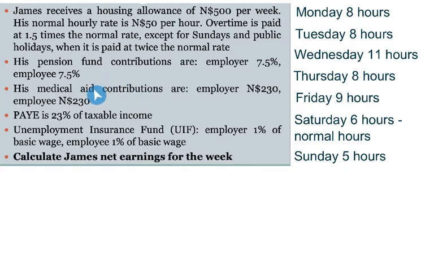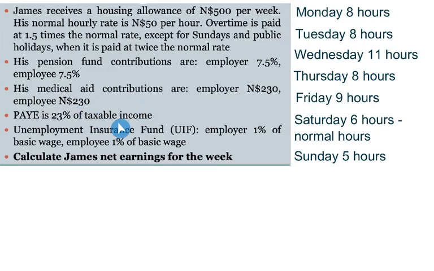Then there's a medical aid also. The employer pays $230 and the employee also contributes $230. And then there's pay-as-you-earn, PAYE, or the normal income tax or employee tax, which is 23% of taxable income.